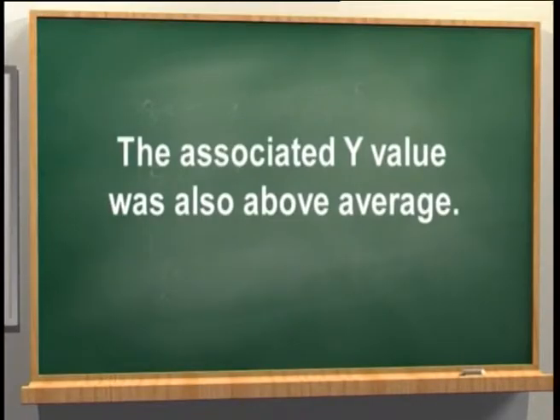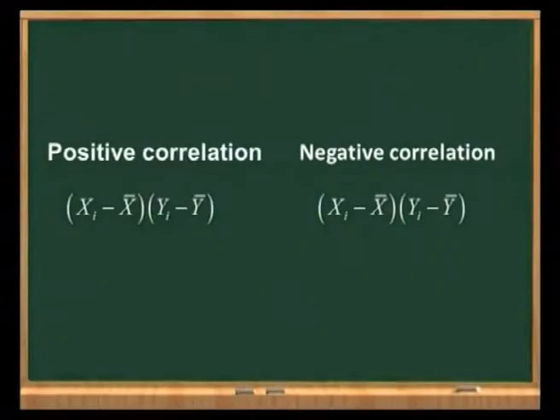Positive correlation. Suppose that an x value was above average and that the associated y value was also above average, then the product (xi minus x bar) into (yi minus y bar) would be the product of two positive numbers, which would be positive.